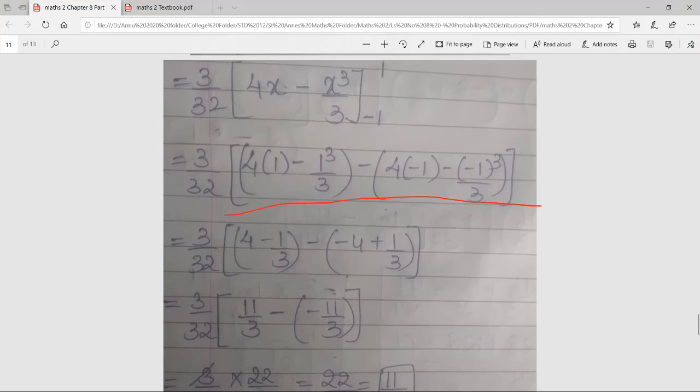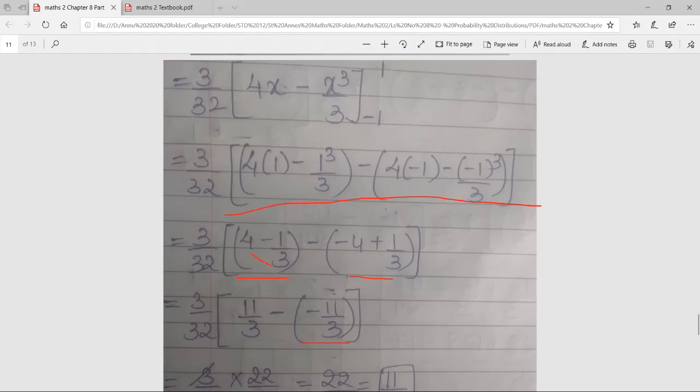So 3 upon 32, 4 into 1 minus 1 cube upon 3 minus 4 into minus 1 minus of minus 1 cube upon 3. So you're left with 4 minus 1 upon 3 minus minus 4 plus 1 upon 3. Again, we'll be doing cross multiplying. So 4 3s are 12. 12 minus 1 gives you 11 upon 3. Minus 4 3s are minus 12 plus 1 gives you minus 11 upon 3.